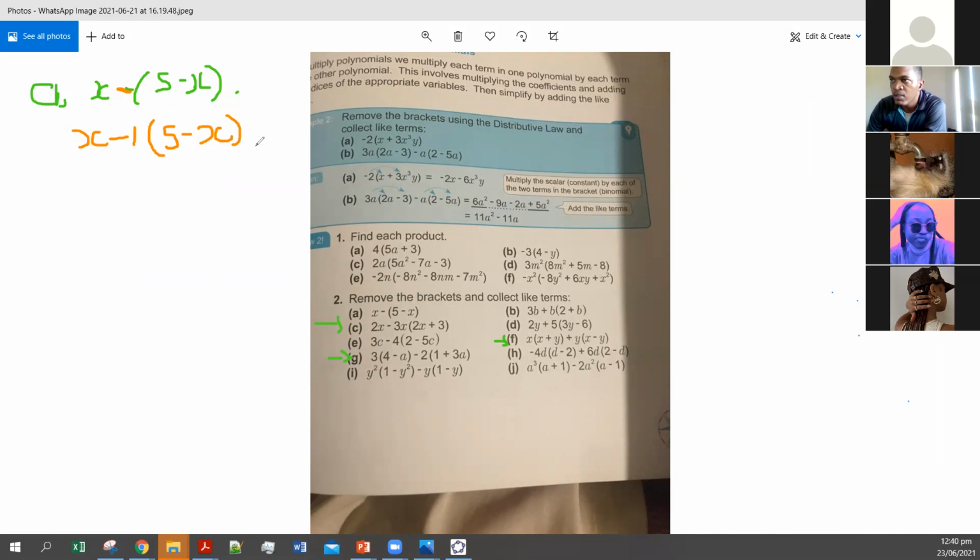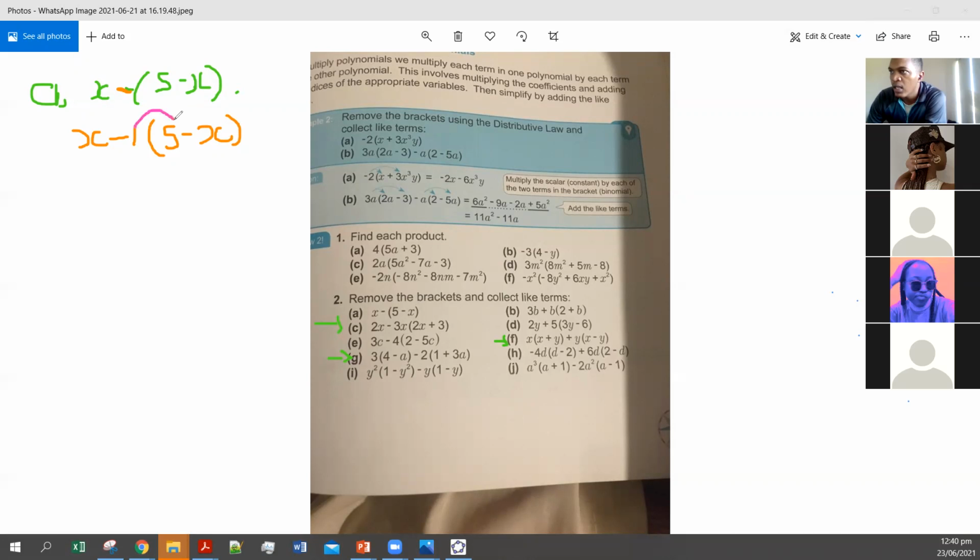So first we must remove the bracket. The -1 we multiply with everything inside the bracket, like we did normally in the class, removing the brackets. The -1 will multiply the 5 and the -1 will multiply the -x, okay? Then you will have x, since it's already there, -1 times 5 will give me -5, and -1 times -x will give me plus x.